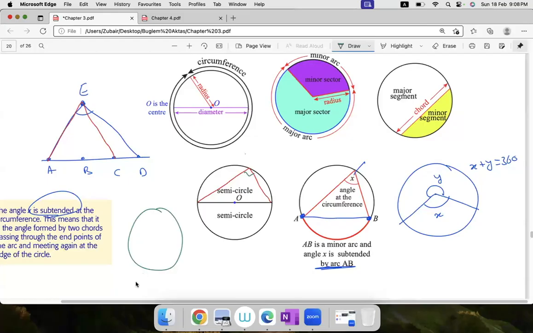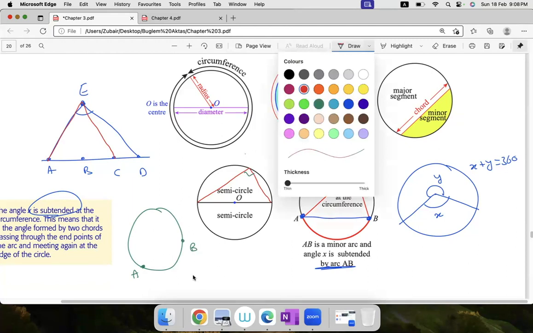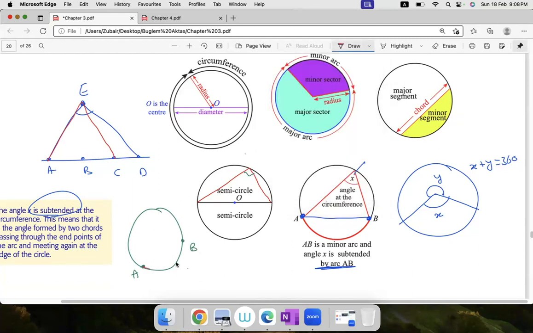And when you have this A, we have this point B, and we call it minor arc AB. I can say this angle is subtended by minor arc AB. And if I just draw this straight line A to B, I can say angle in major segment.